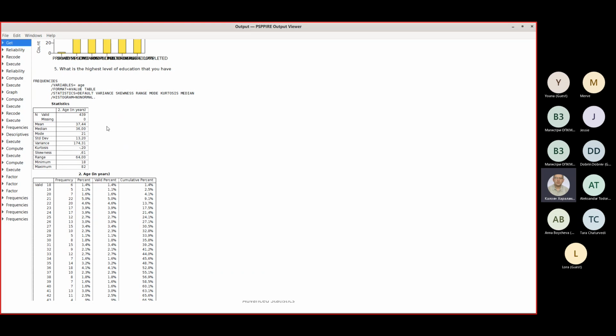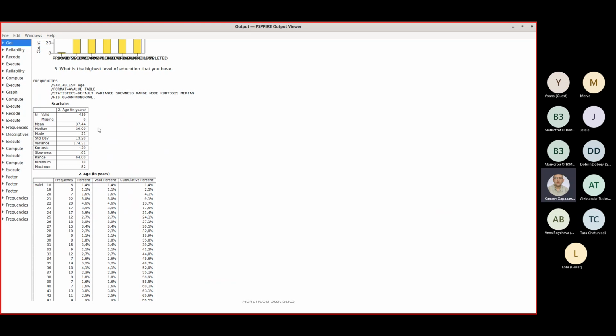This is their average age. After that, median. Median means that we have ordered all persons, and then we took the person in the middle, and his or her age is 36 years.